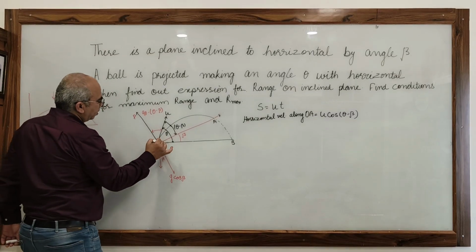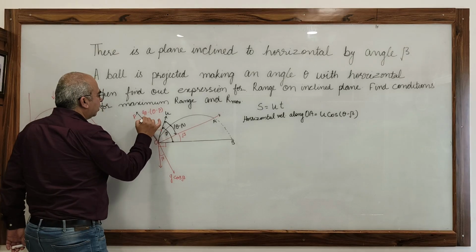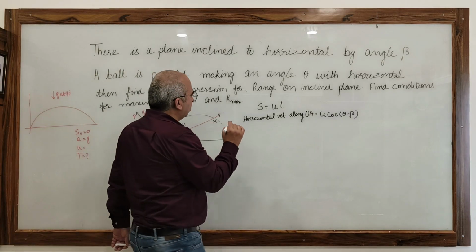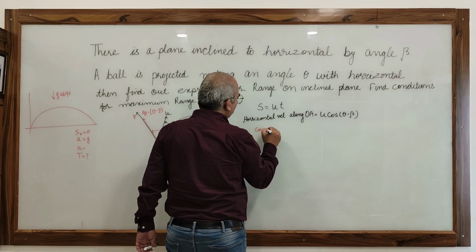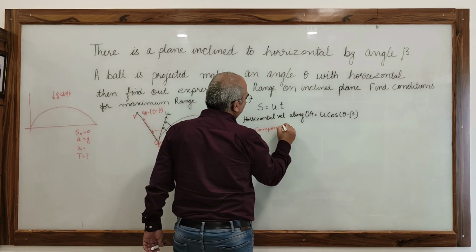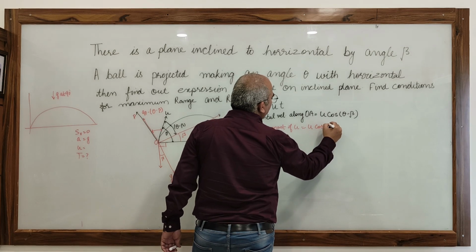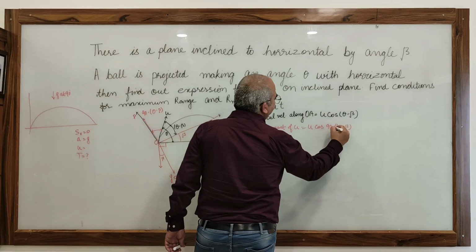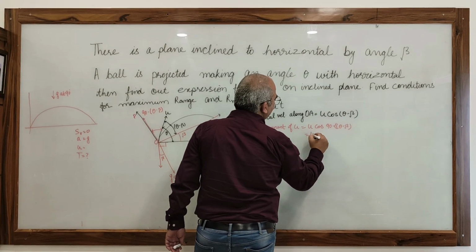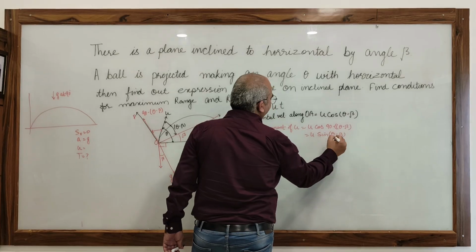So the component of u is u cos(90 minus (theta minus beta)), which is u sin(theta minus beta).